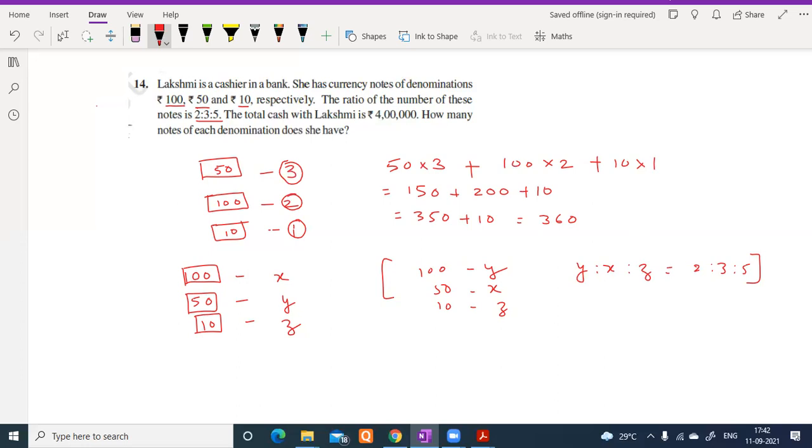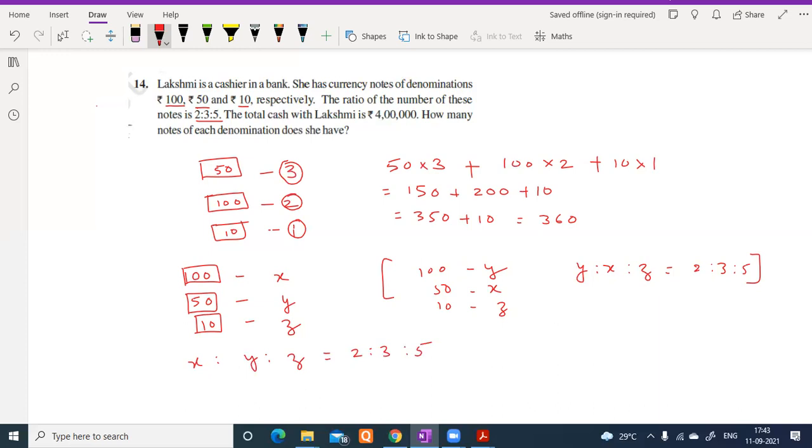So now let's go back. In this case, we have assumed 100 rupee notes as X, 50 rupee notes as Y, and 10 rupee notes as Z. So the ratio of the number of these notes, that is 100 is to 50 is to 10, is 2 is to 3 is to 5.